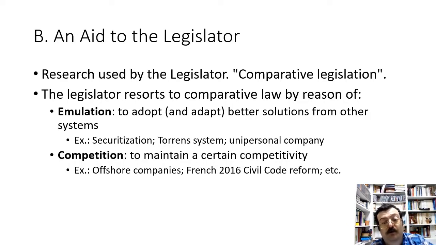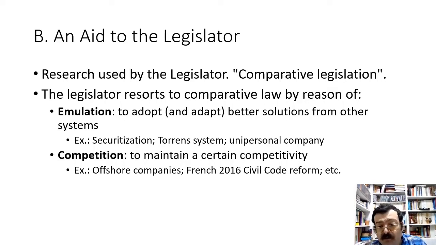And in doing so, the legislator must do comparative legislation. So here comes the importance of comparative law as an auxiliary to the legislator at helping this legislator finding better solutions, better modifications, better transplants.